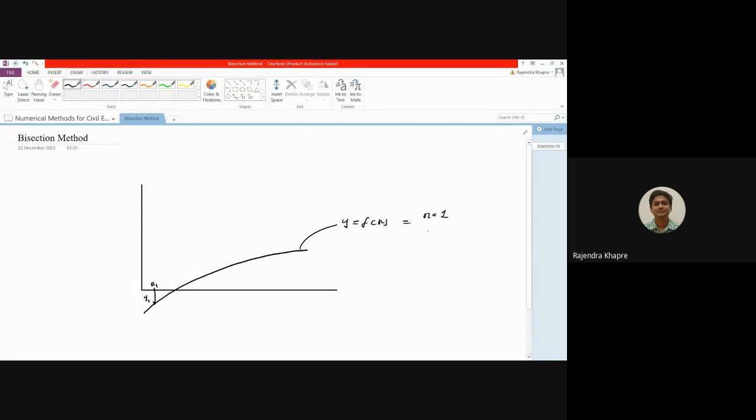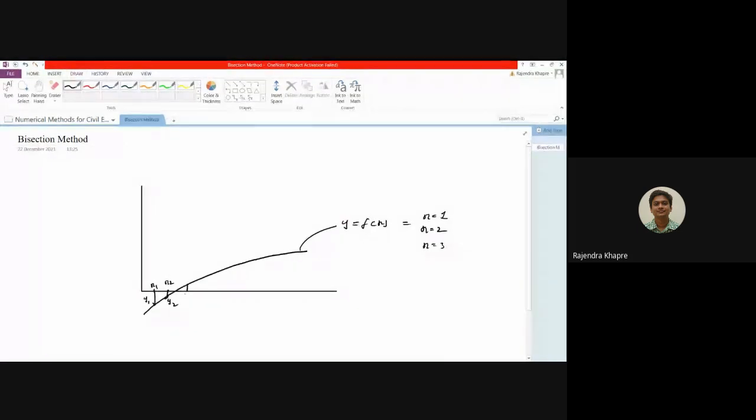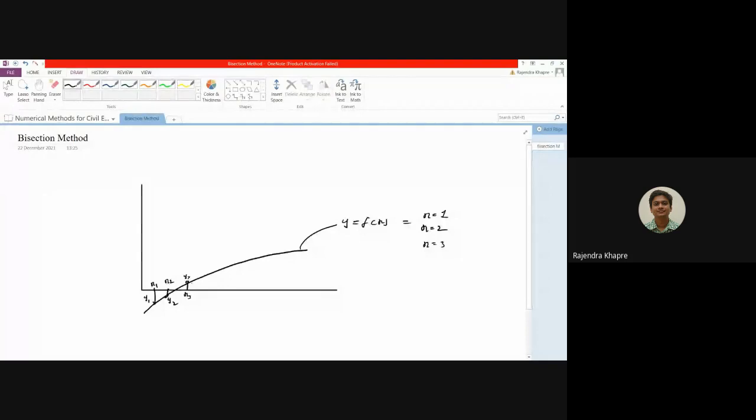If your x value is, let us say, 2, it is somewhere over here. Let us say this will be x2, so y2 will be somewhere over here. Let us say your x value is 3. Here x3 will come over here and y3 will now be positive. In the bisection method, what we are doing is finding the root of this equation.